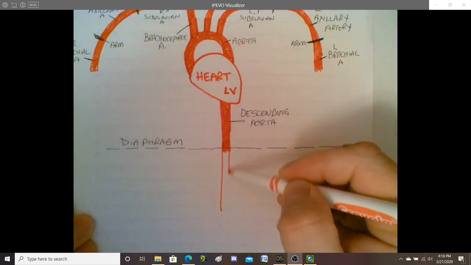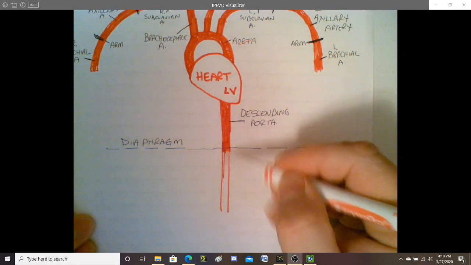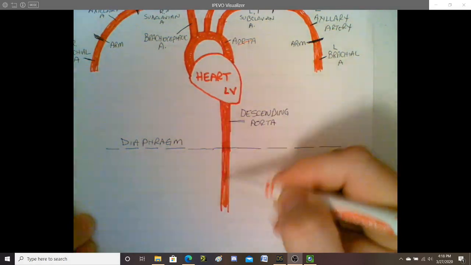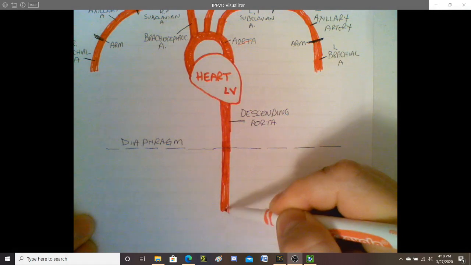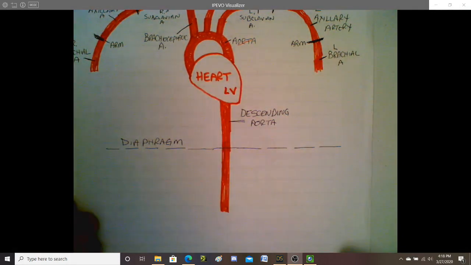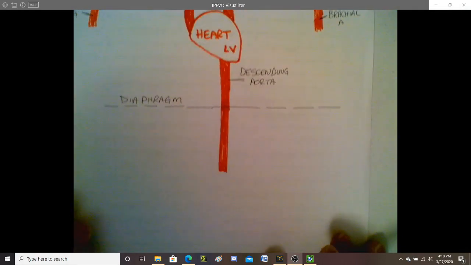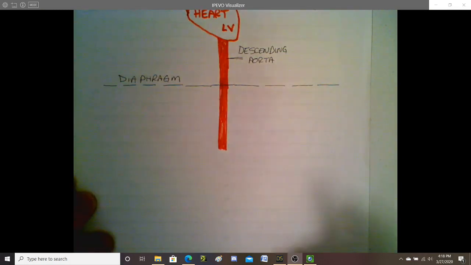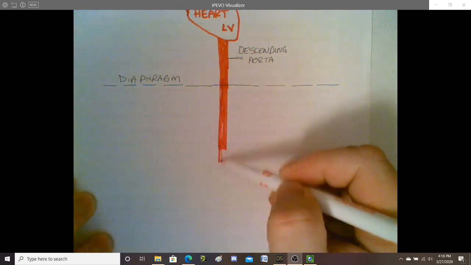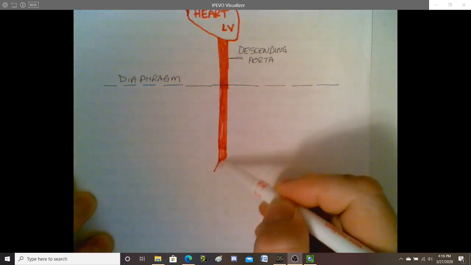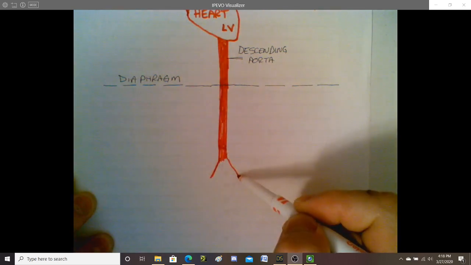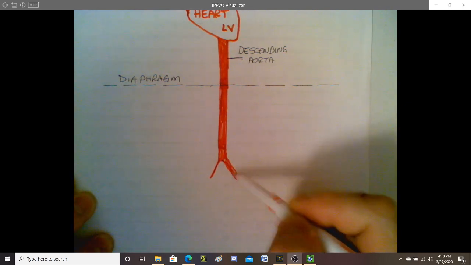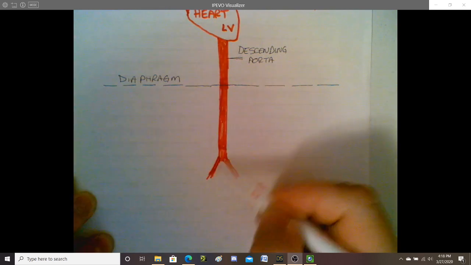So I'm just going to draw a nice long aorta. Okay. Then it's going to split. So I'm going to raise this up just a little bit because we don't need that top portion right now. And it's going to come down, and then it's going to branch. We're going to have two branches. So go ahead and make your two branches like this.